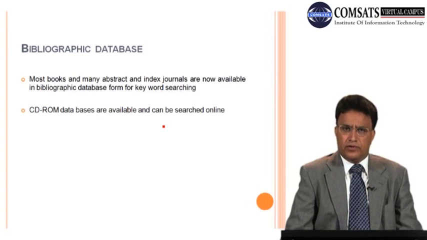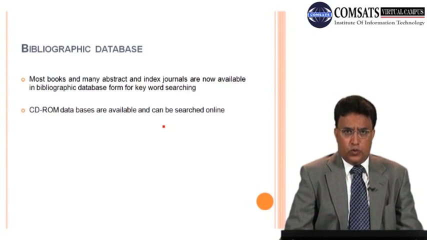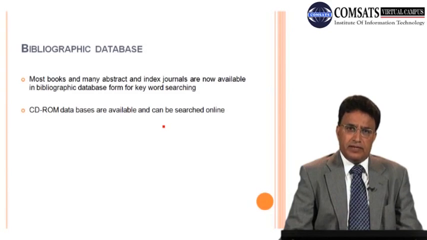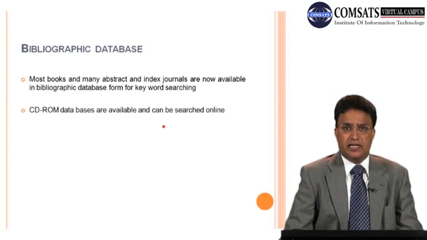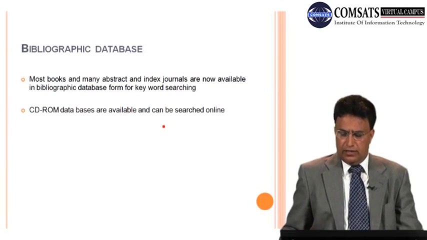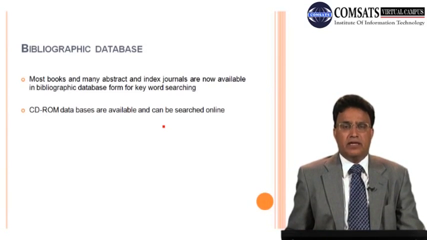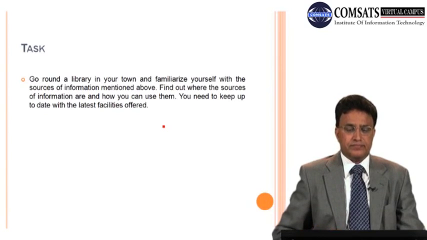It is useful because it can be easily used to get information, and sometimes you need keywords to find information, and there is an easier and quicker way to access the information you require. Bibliographic databases are also available in the form of CD-ROMs, called CD-ROM databases, and they can be searched online, and CD-ROMs are available in most libraries.